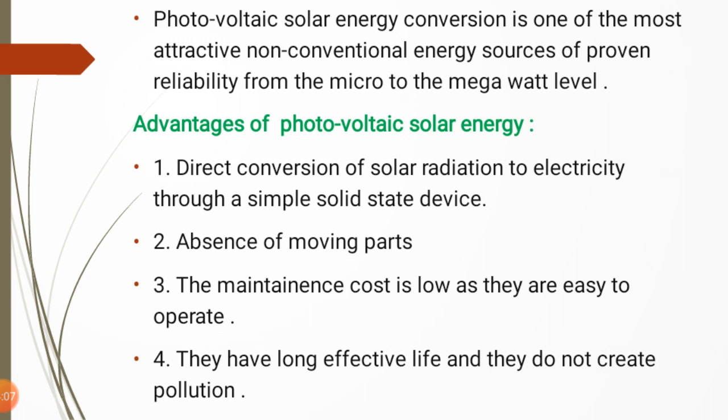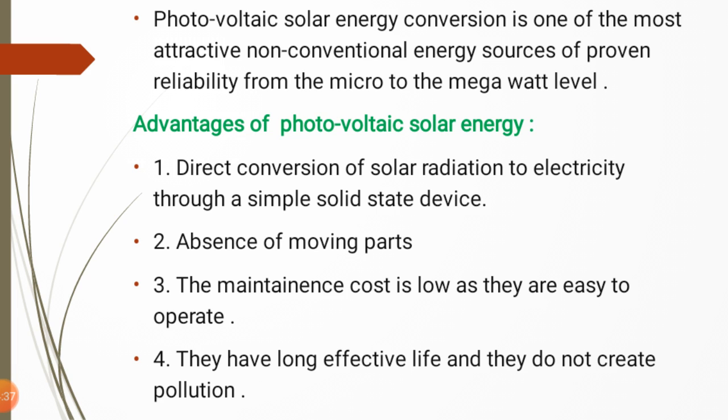This is not only a single solar cell but an array of solar cells, that is the formation of a module. If we interconnect solar cells in parallel or series combination, we obtain an array of solar cells, also called a module, and from that arrangement we are able to obtain the maximum amount of power, in the order of micro to megawatt level.